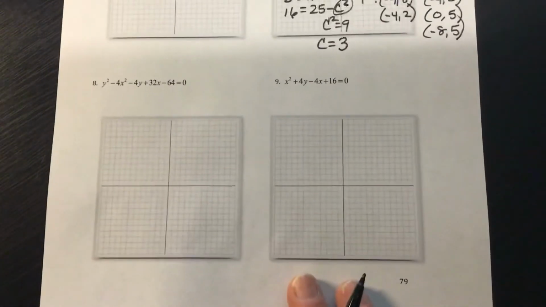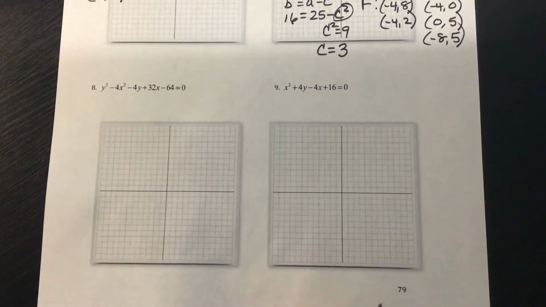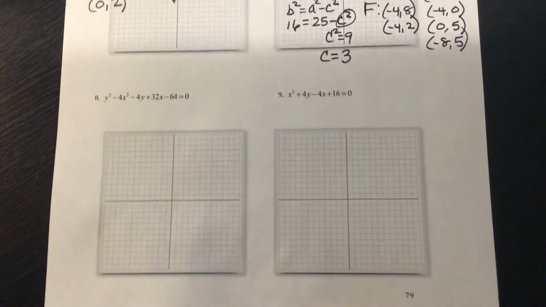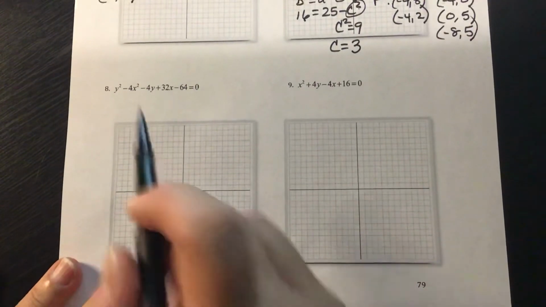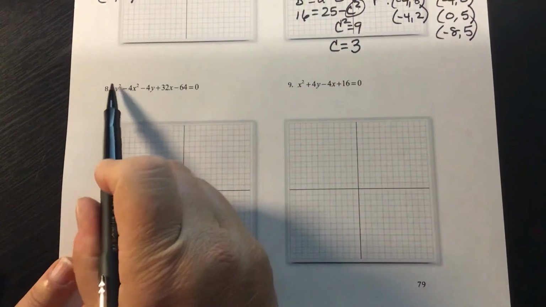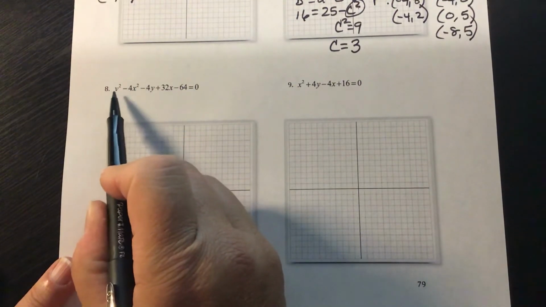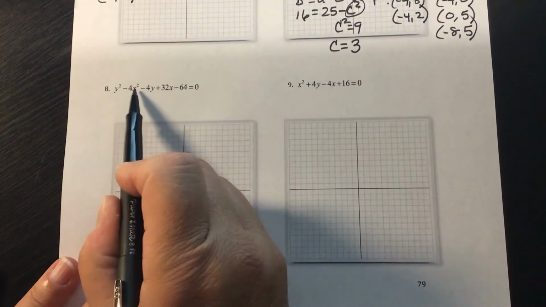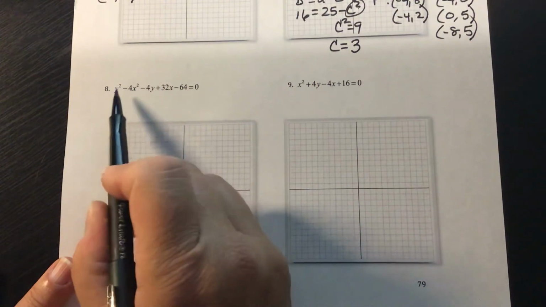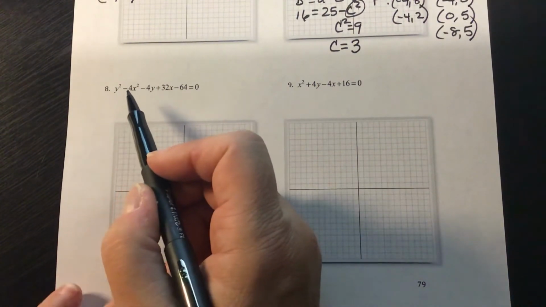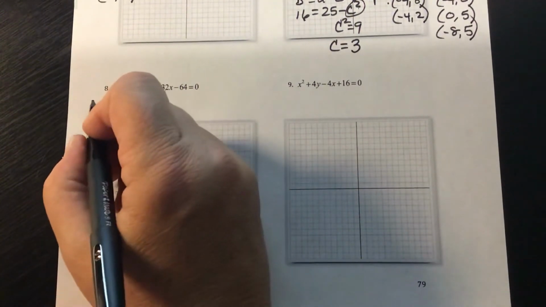All right, number 8, I'm guessing is going to be a hyperbola. And I'm thinking that because I have a y squared that's positive and an x squared that's negative. So I'm going to have a y squared minus x squared. Okay, so just kind of organizing here. Let's group the y terms.